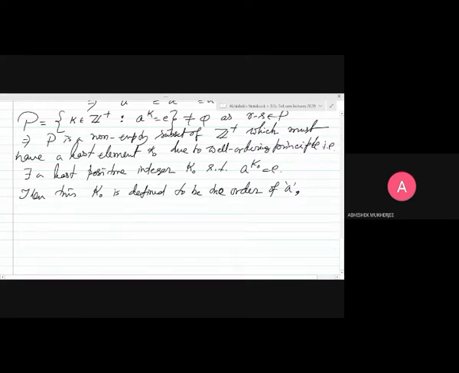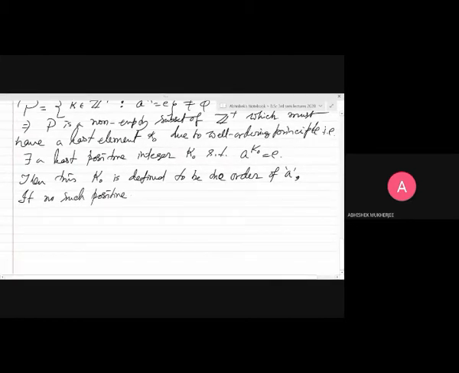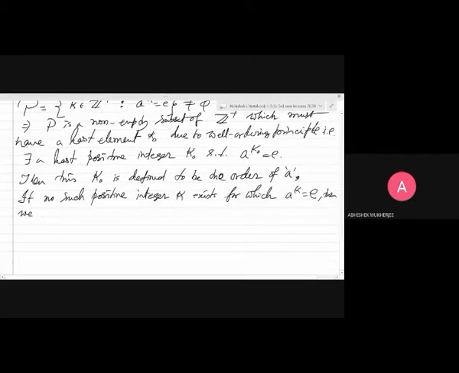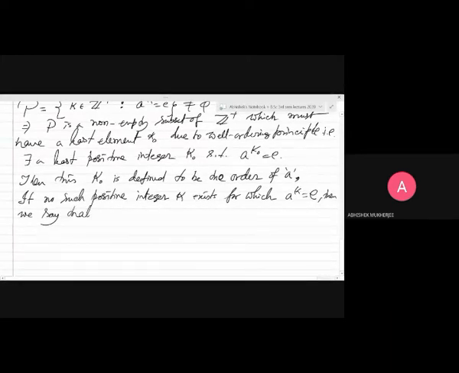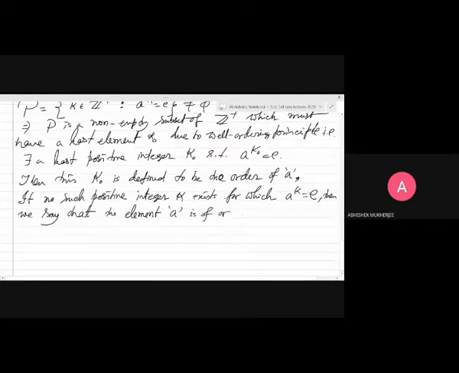Then we say that if no such positive integer k exists for which a to the power k is identity, then the element a is of order infinity.